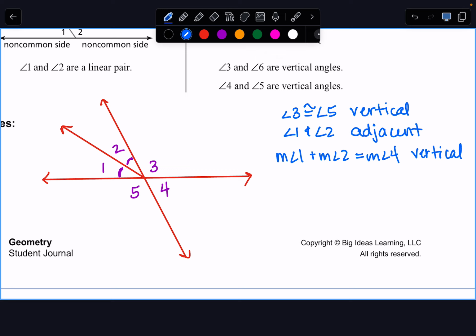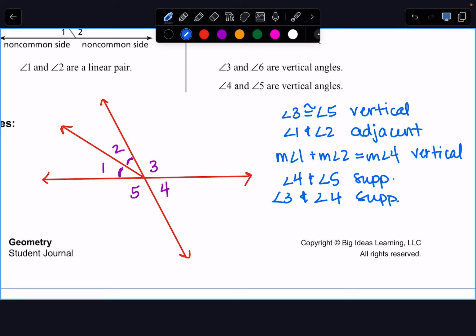Okay, Avery. Angle 5 and angle 4 are supplementary. Ah, angle 4 and angle 5 are supplementary. Angle 3 and angle 4 are supplementary. Nice. Like those lines also in here.